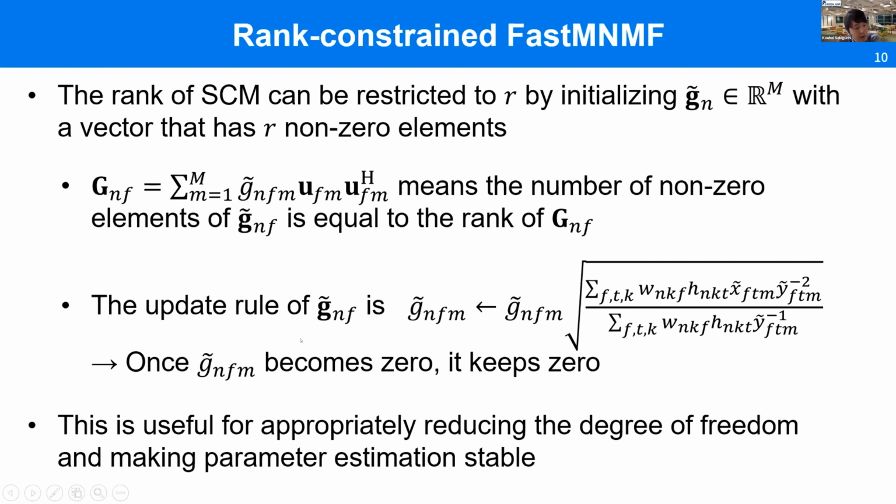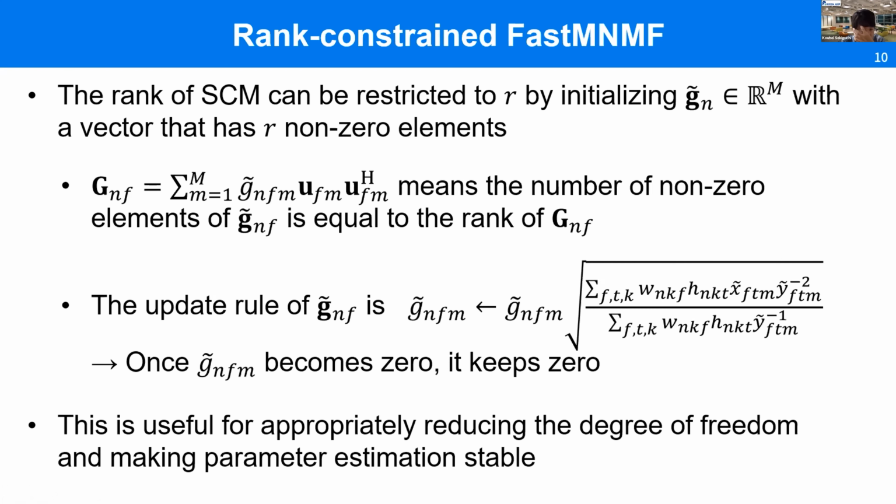So as a result, the initial value of G tilde decides the rank of the SCM. This is useful for appropriately reducing the degree of freedom and making parameter estimation stable.